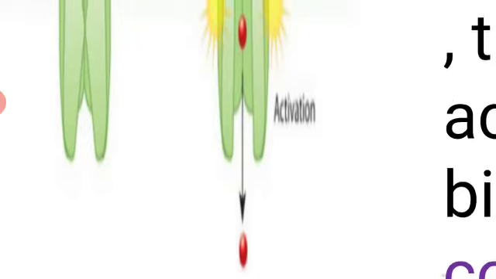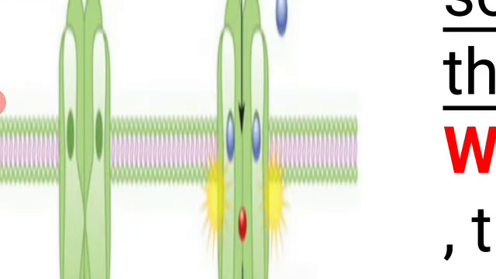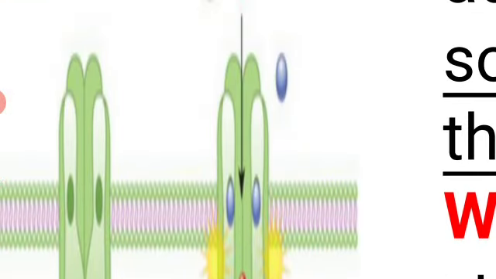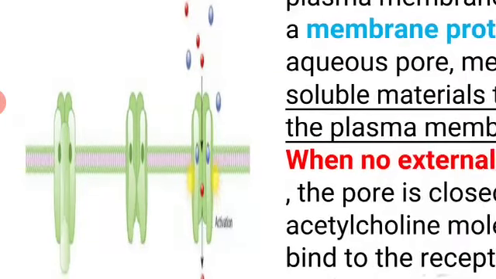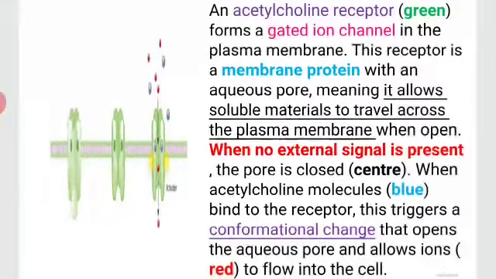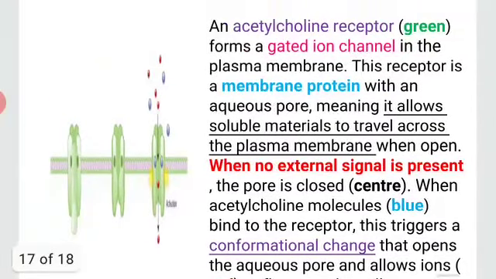Nothing can cross until the hormone or this acetylcholine, this chemical, attaches to the receptor. Once it has attached, then there is transduction, pores open up, and materials end up going into the cell, and then you're going to have a particular response. So read through that. That is a specific function of the membrane protein.